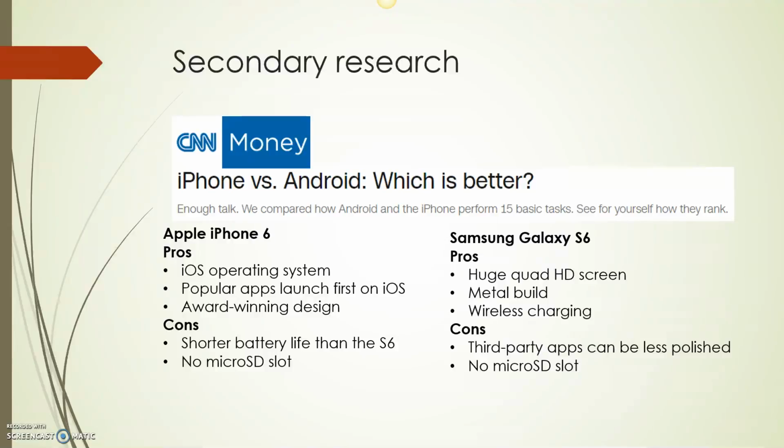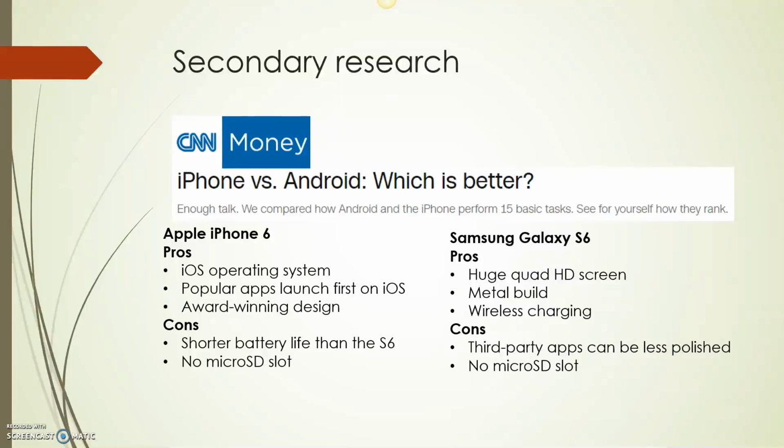As we can see, the advantage of the iPhone 6 was the operating system, as my primary research shows as well, and also popular apps launch first on iOS, and obviously award-winning design. But the con was the shorter battery life than the S6, which is what people are most concerned about, to be honest. And obviously they both don't have a micro SD slot.